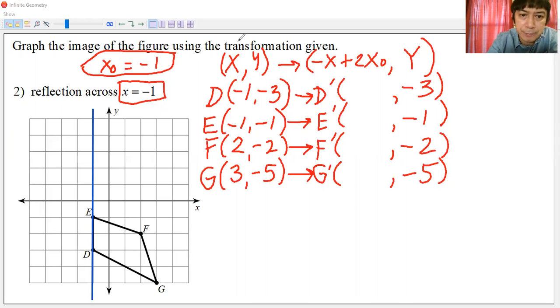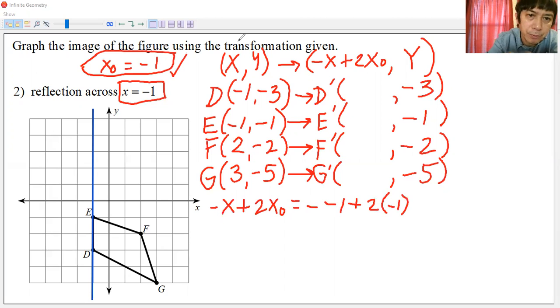The same formula: -x plus 2 times x of 0, negative of x. Our x is -1. So after the minus, we write the -1 plus 2 times x of 0. Our x of 0 is the -1 over here.